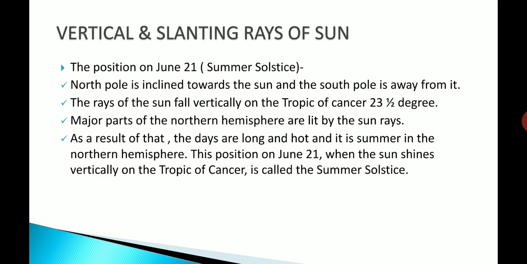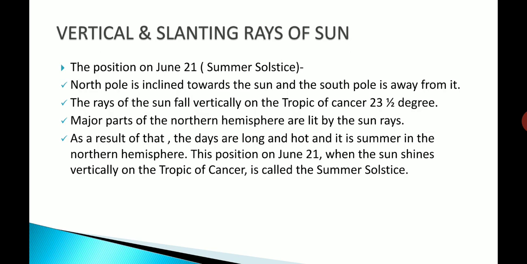Let's talk about the day of June 21, which is also known as summer solstice. As we all know, the North Pole is always inclined towards the sun and the South Pole is inclined away from the sun. The rays which come from the sun fall vertically or directly on the Tropic of Cancer, which is 23 1/2 degrees.